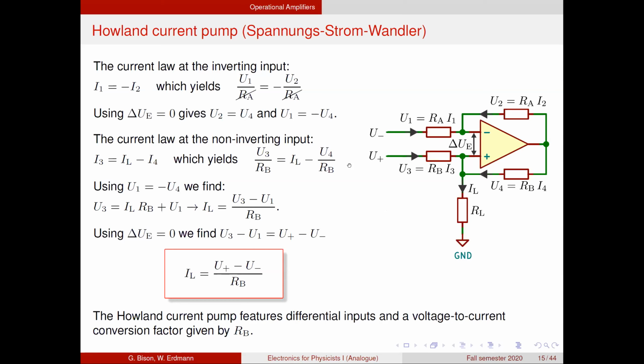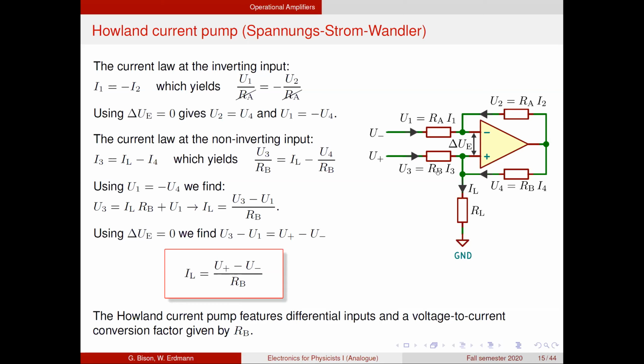Okay, so this we put here, and then we find that the output current, the load current, is simply equal to the difference between the input voltages scaled with RB, so the value of this and this resistor. And this is remarkable.